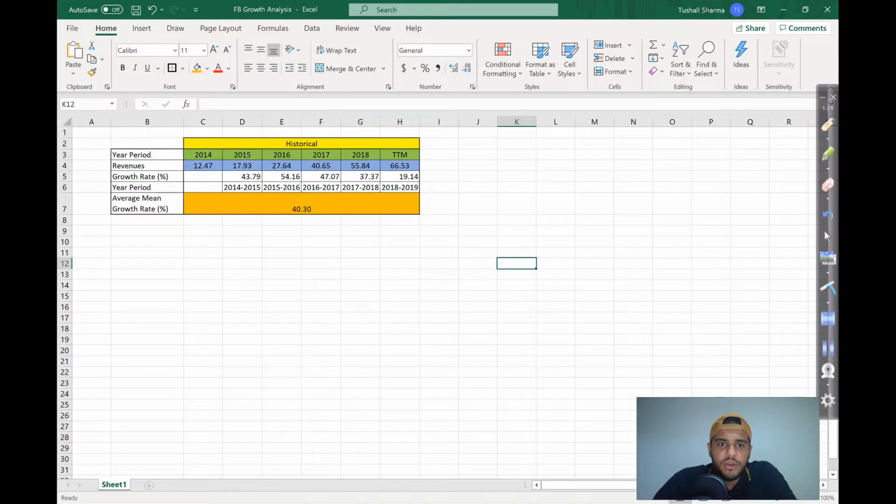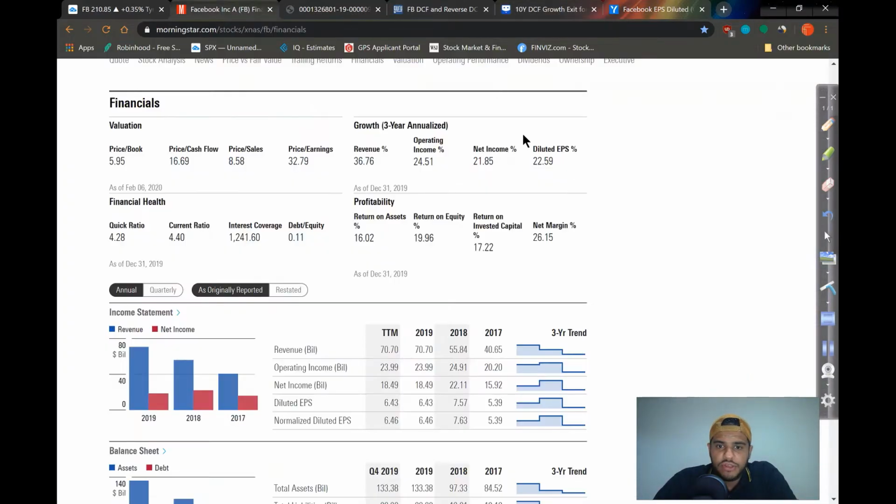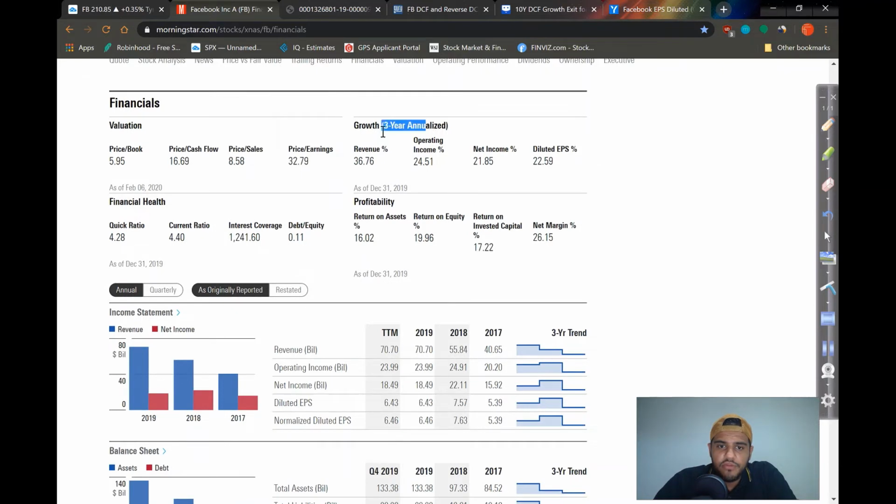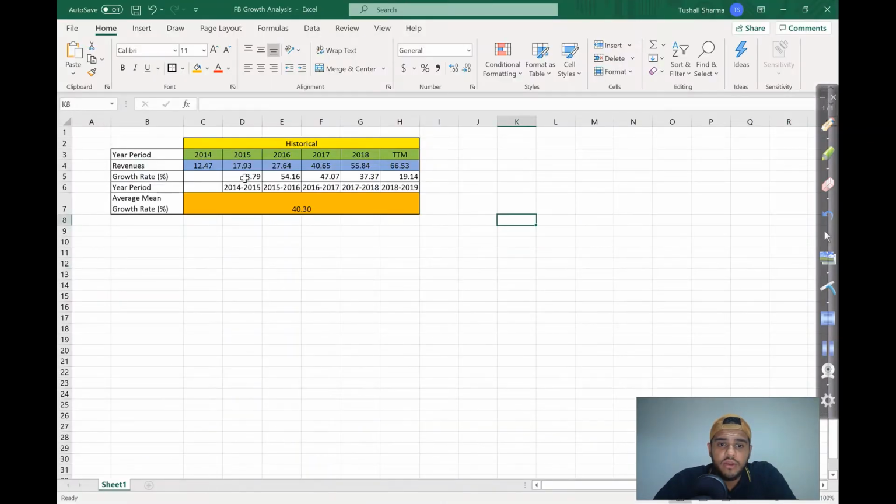Okay, we know from Morningstar that the 3-year annualized rate is estimated to be revenues are growing at 36%, but I wanted to find the 10-year rate. So what I had to do was do my own analysis from all the data that I could get.